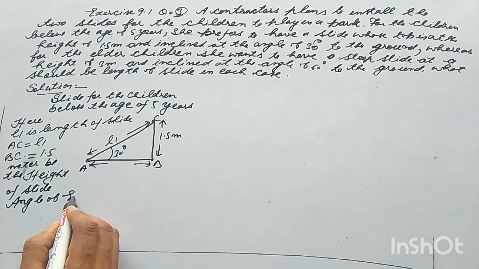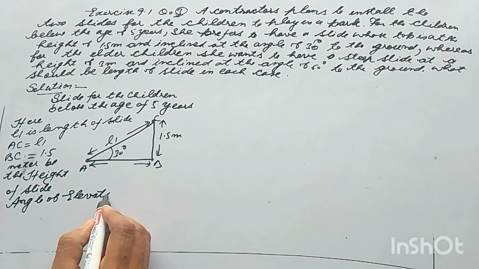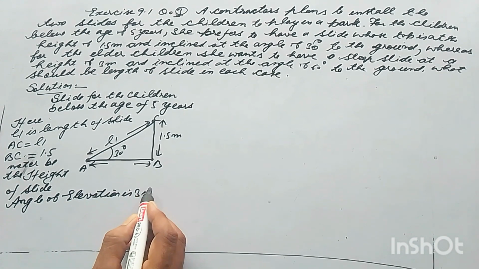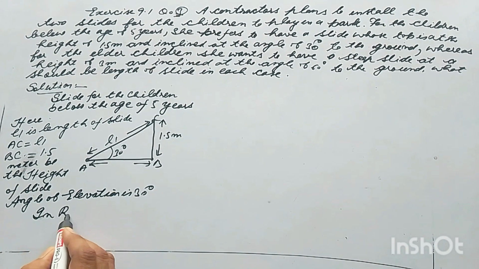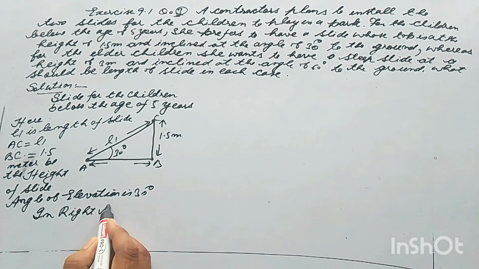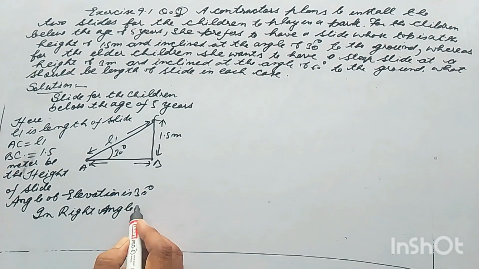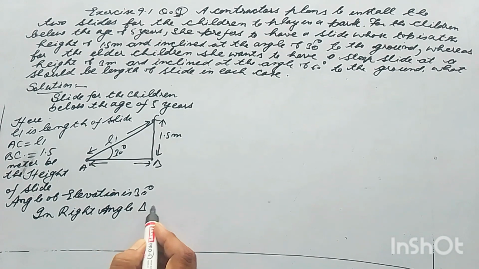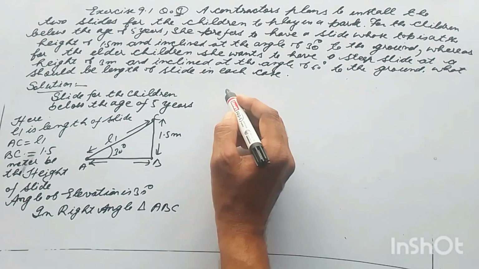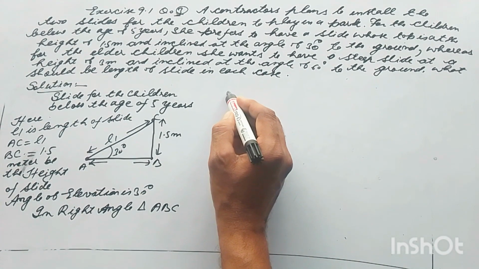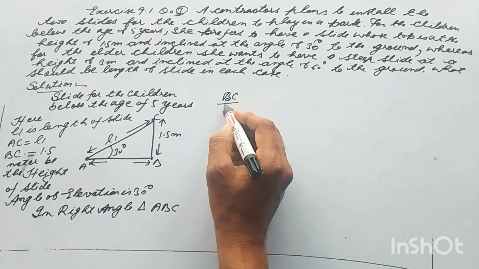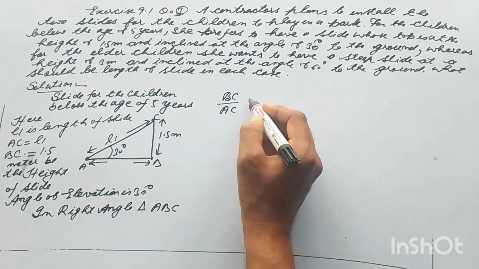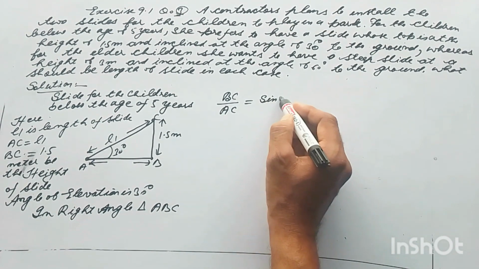Angle of elevation is 30 degree. Now in right angle triangle ABC, BC upon AC equal to sine 30 degree.